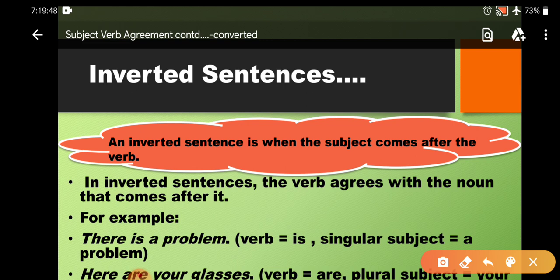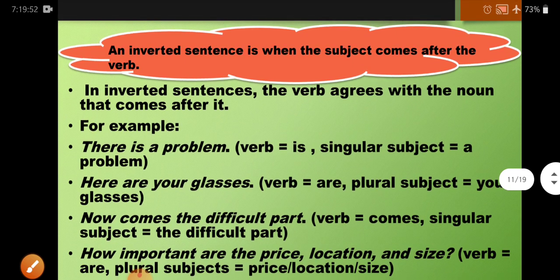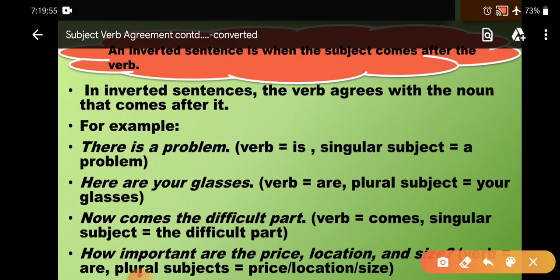For example, it's a very simple example. Let me show you. There is a problem. Now, "is" is a verb. What is it going to look at? "There" will indicate nothing. There may be singular, there may be plural, depending upon the object we are talking about, right? So the verb has to look at "problem".